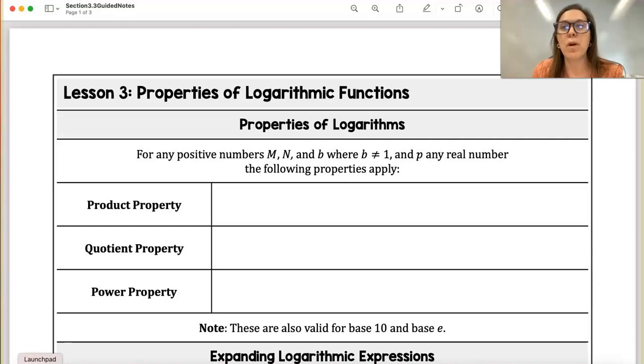So we have 3 different properties for logarithms. The first one is what we call the product property.